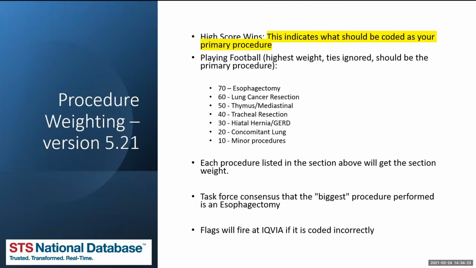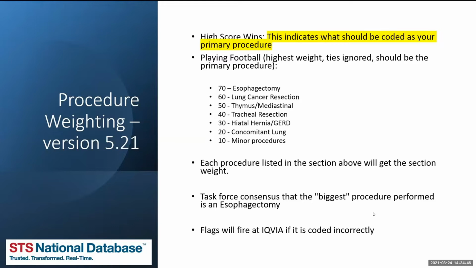Procedure weighting, we talked about this last time. Just a quick reminder that it's going to be high score wins. So when you code your procedures, this is going to help you indicate what should be coded as the primary procedure. Each procedure listed in the section will have a weight with that section. And the task force had consensus that the biggest procedure performed is an esophagectomy.